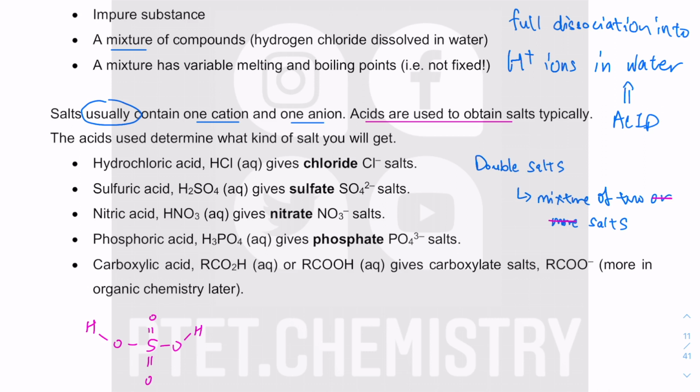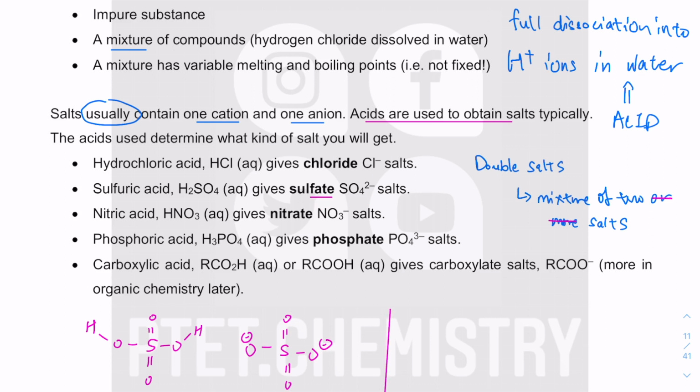So the sulfate anion would be SO4 2 minus. You're losing the H plus. Remember, acids dissociate into H plus ions in water. You lose the H plus twice, so now you become minus and minus. This is SO4 2 minus, called sulfate with the ATE.